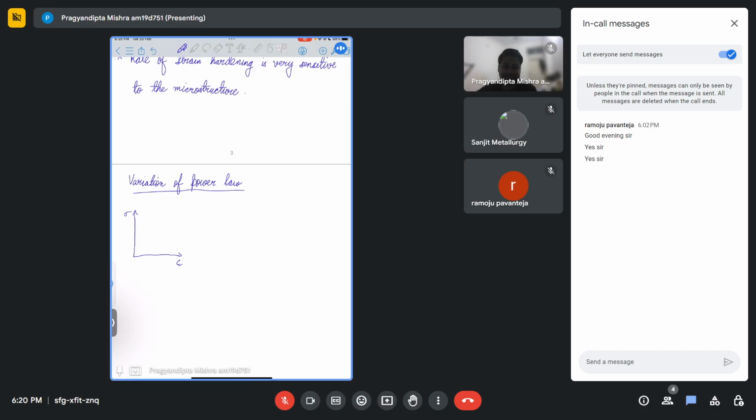If your stress is constant, sigma is equal to some value y, let's say, then this is a perfectly plastic material. Okay, this is perfectly plastic.